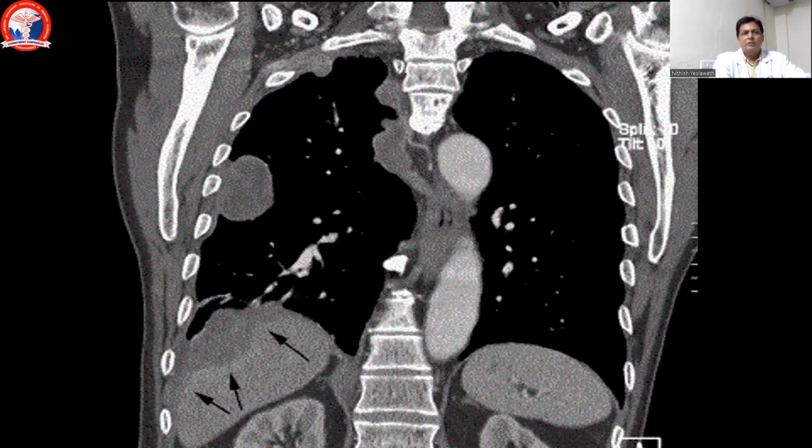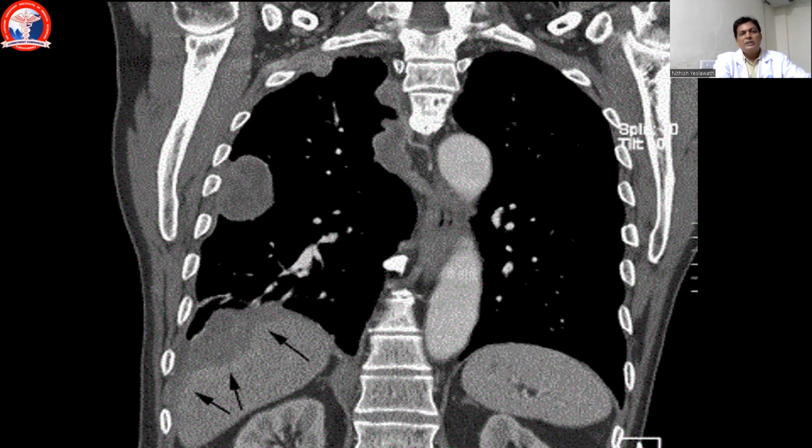Here, what we are getting to see is a large soft tissue mass based on the chest wall. Another mass is seen along the apical pleura as well as the mediastinal pleura. Along the right hemidiaphragmatic pleura, there is a large mass showing almost invasion into the diaphragm, and maybe it is extending up to the liver.